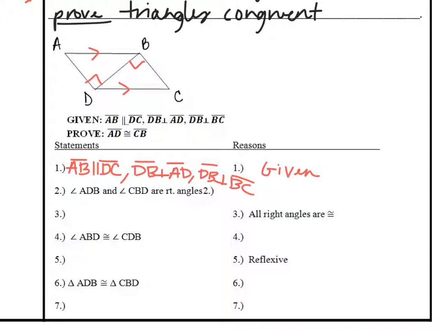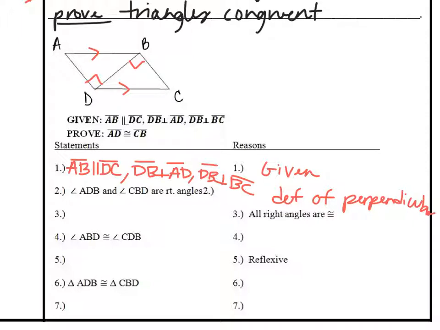So the next statement is that angles ADB and CBD are right angles. Alex, what is it that allows us to say that they're right angles? Yep. Definition of perpendicular. And then the next line down, the reason is all right angles are congruent.